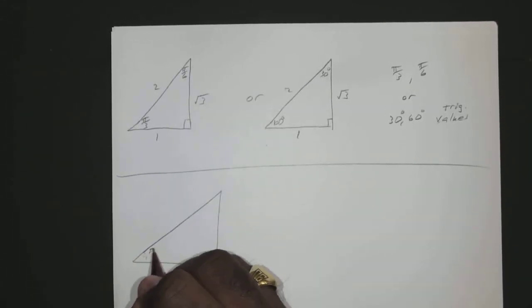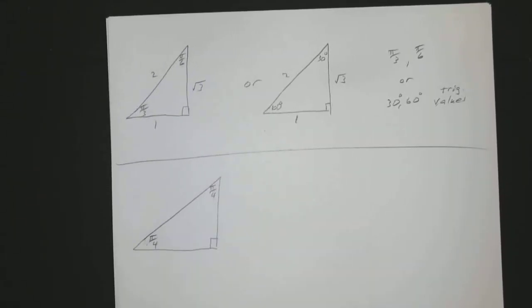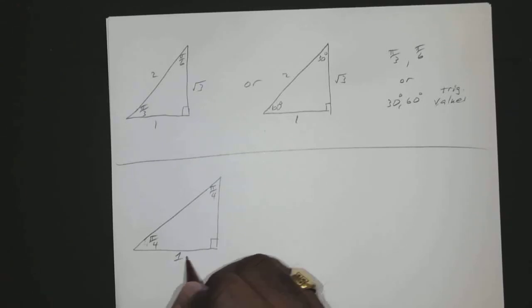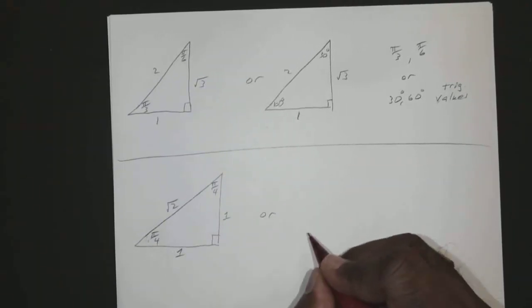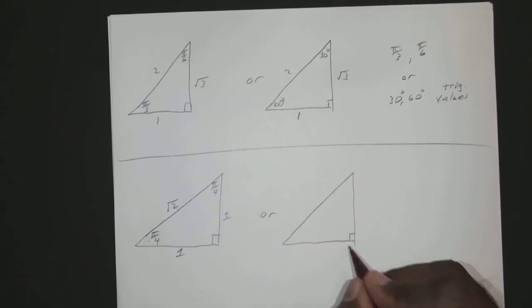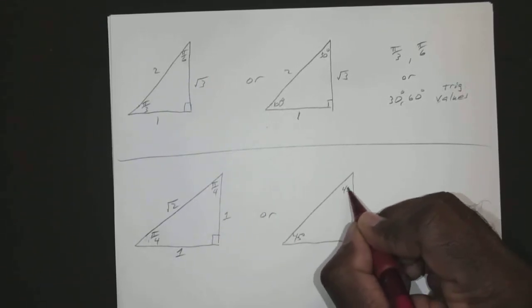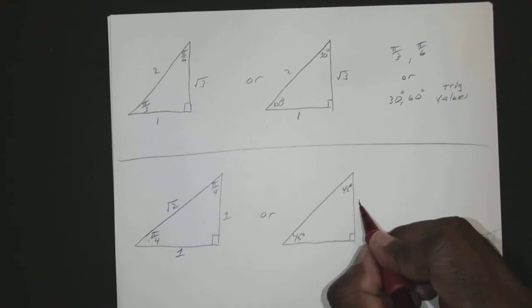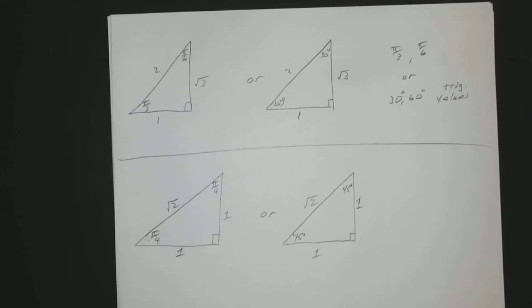Pi over 4, pi over 4, and that would be 1, 1, square root of 2, or you have a right angle here, 45, 45, and you have your 1, 1, square root of 2.